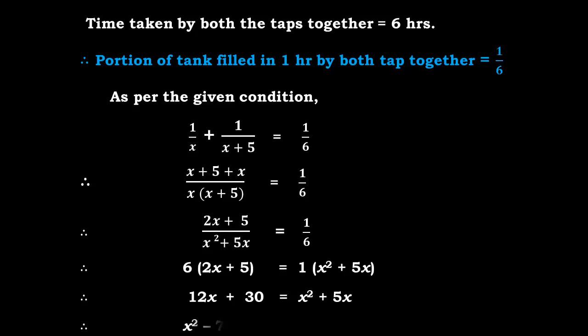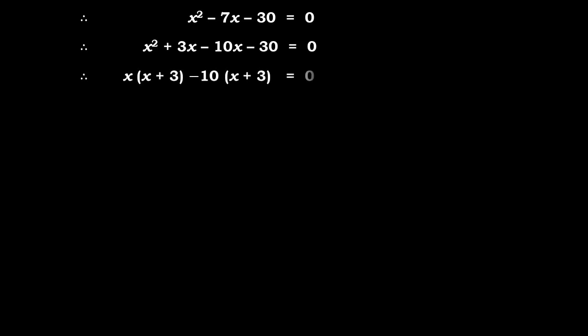Therefore, x square minus 7x minus 30 is equal to 0. Now we can take factors of minus 30 as 10 and 3. So, x square plus 3x minus 10x minus 30 is equal to 0. So, make a group of two terms. From the first two terms we can take x common, in bracket x plus 3, minus 10 common, in bracket x plus 3 is equal to 0.